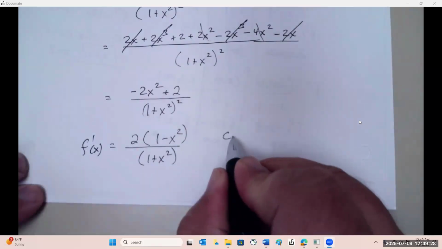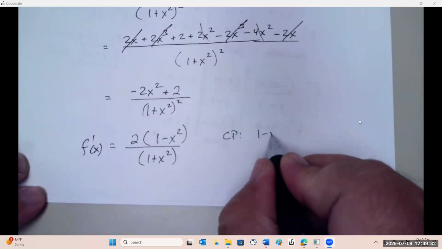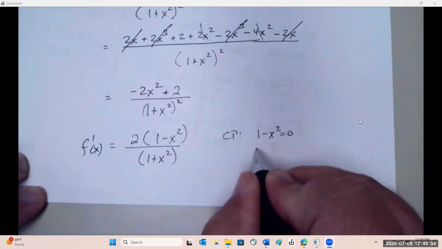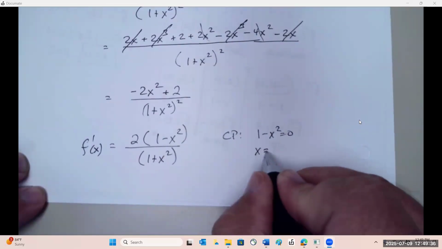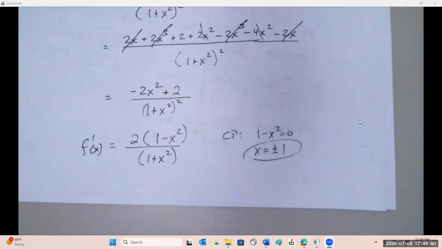So my critical points are where 1 minus x squared equals 0. So that's x equals plus or minus 1. So at plus or minus 1, we have vertices.